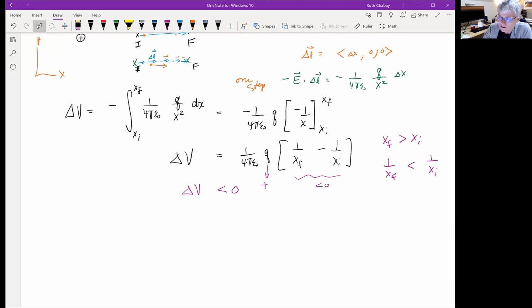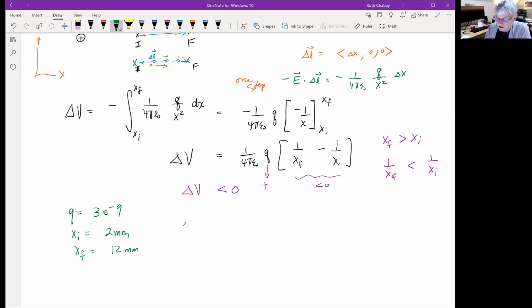So how would we use this? Well, suppose q, the point charge, had a 3 nanocoulomb charge, and x initial was 2 millimeters, and x final was 12 millimeters.